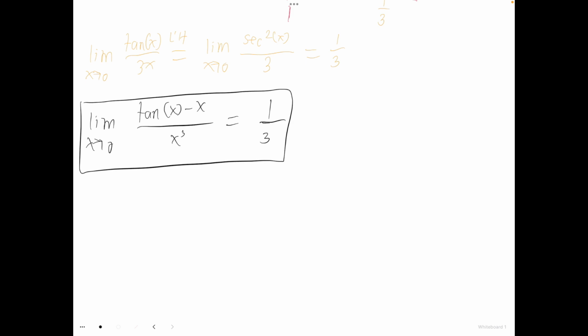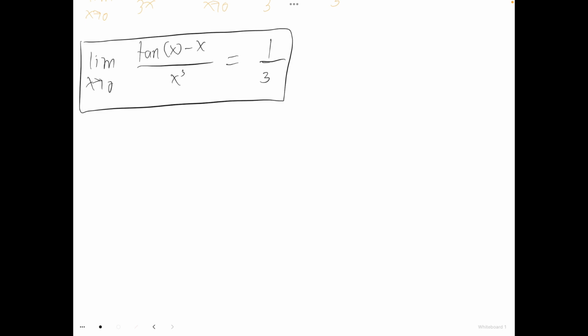So the next thing we want to talk about is the fact that L'Hopital's rule actually can be used in a broader setting. We've looked at both 0 over 0 and infinity over infinity showing up in a limit. But L'Hopital's rule applies to anything that is called an indeterminate form.